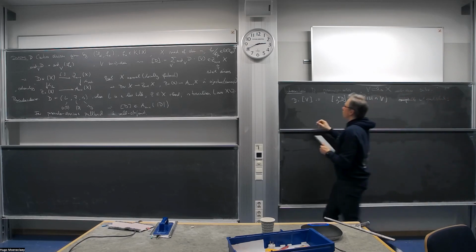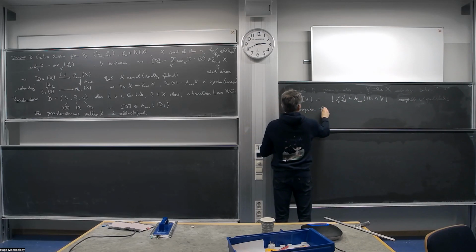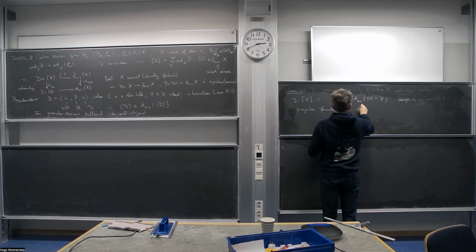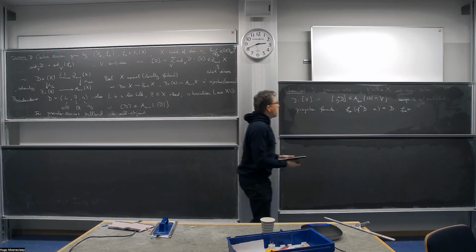Maybe let me write it down. It says that pulling back D times alpha, pushing it forward, is D times f_* alpha.